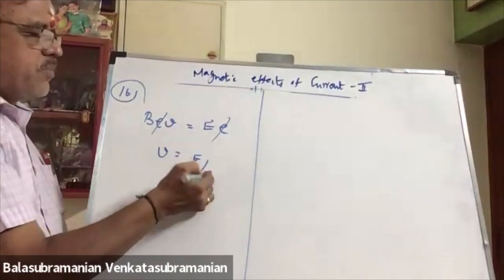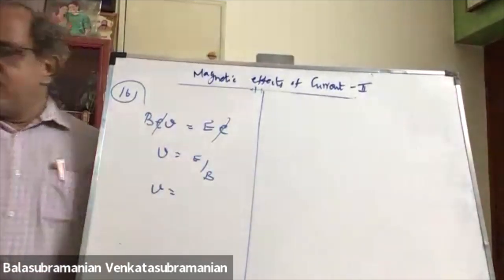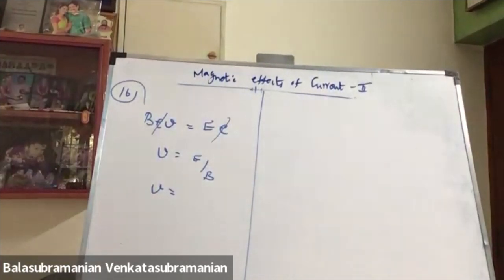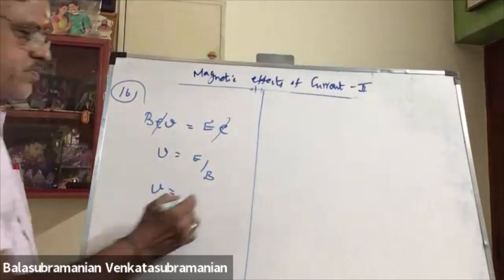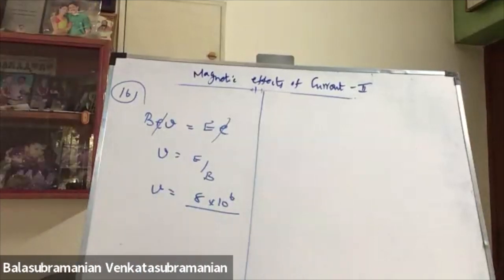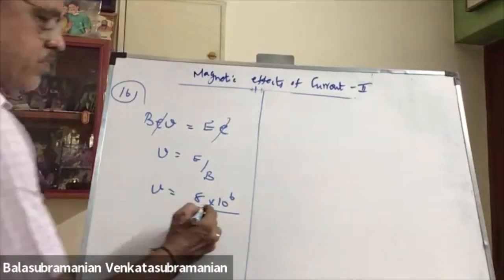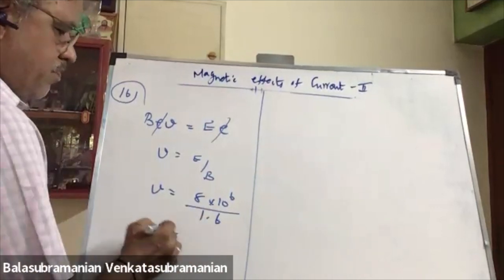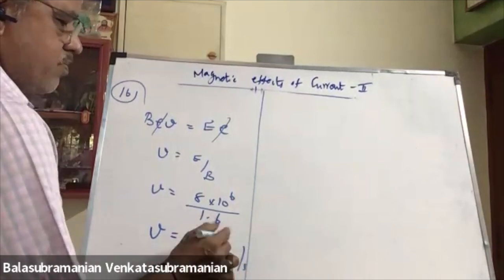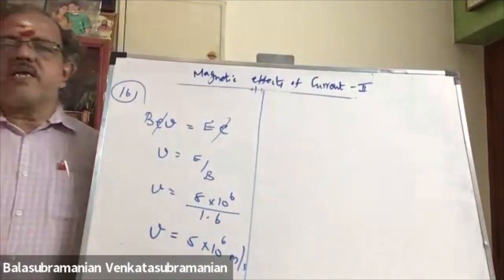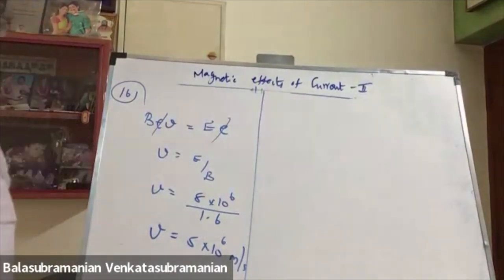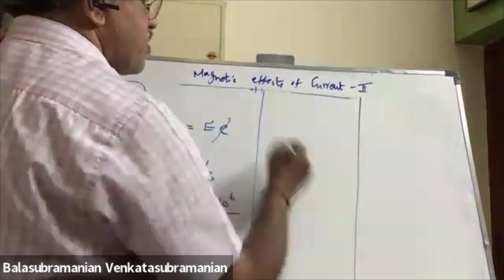V is equal to E by B. So E will be 8 into 10 power 6 divided by B value 1.6 Tesla. So this is 5 into 10 power 6 meter per second. Straight path, undeflected means both forces are equal. That is the concept.